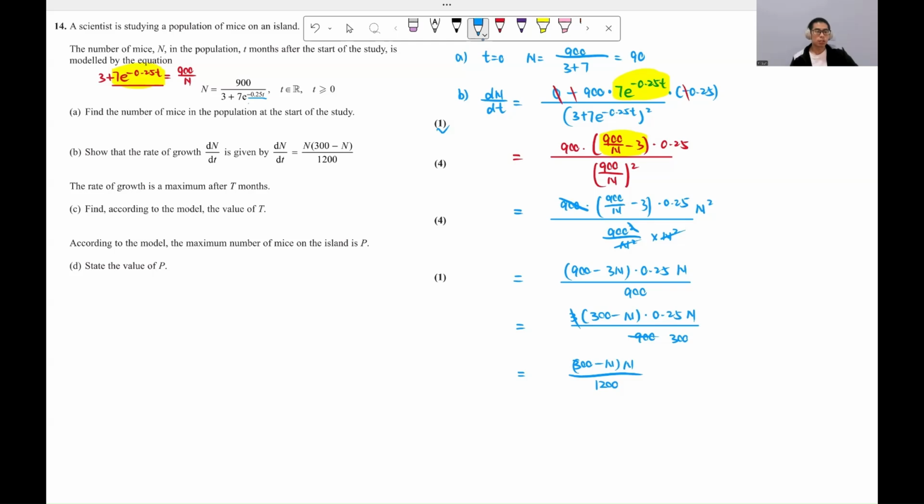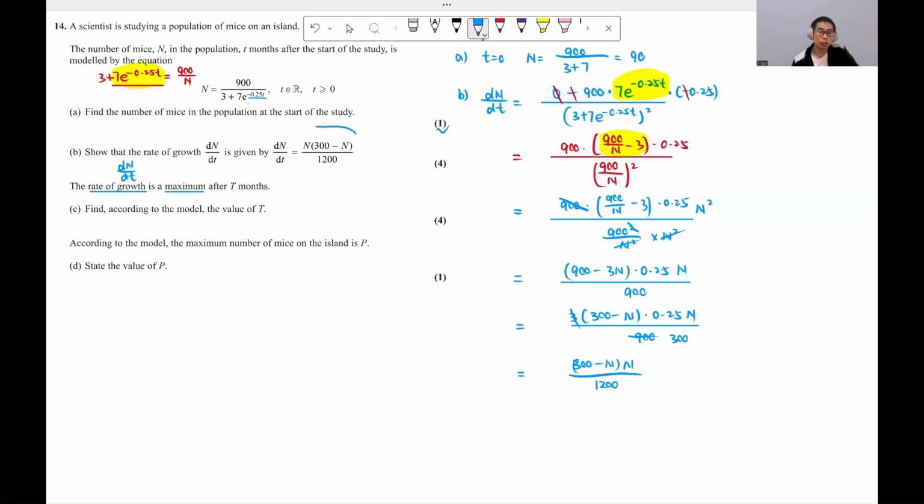And then part C. The rate of growth is the maximum after t months. So part C, find, according to the model, the value of t. So the rate of growth is just dn over dt. So it says the rate of growth dn over dt is the maximum.